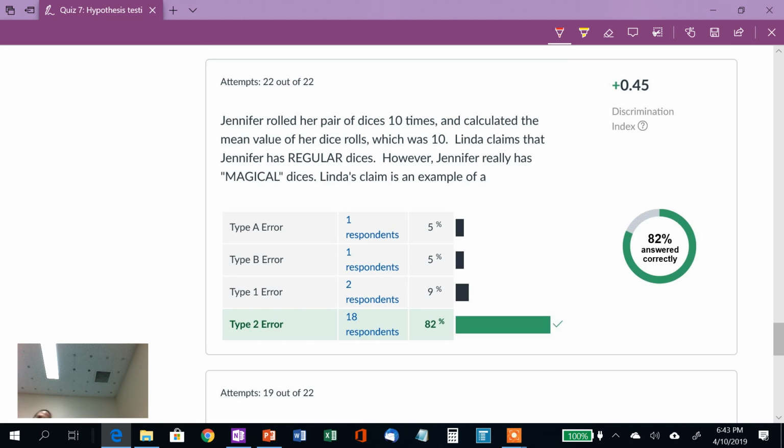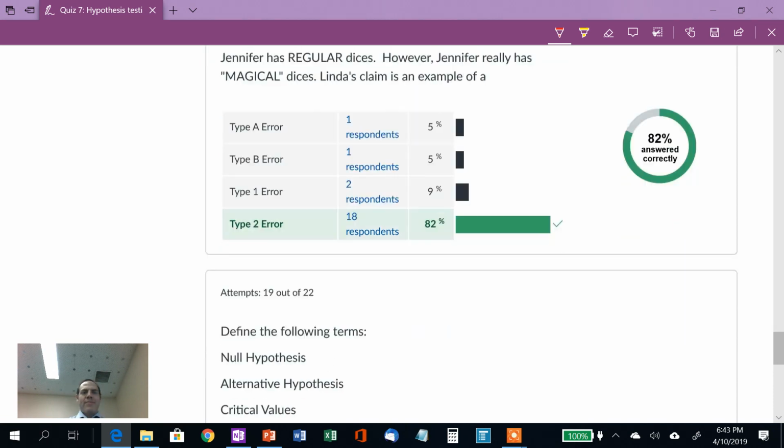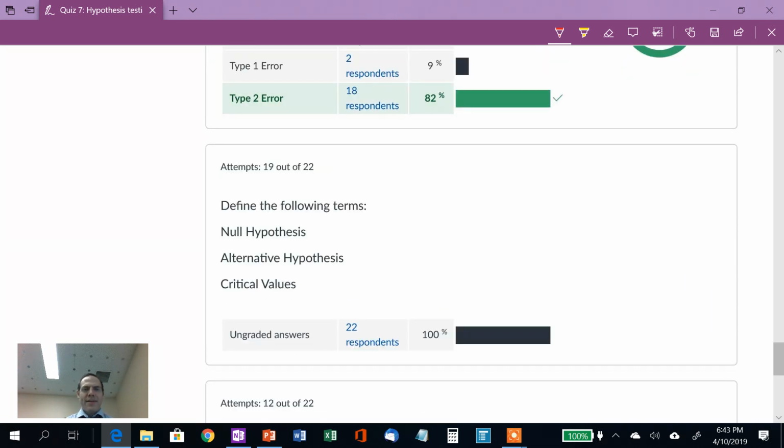All right. And then I tell you to define null hypothesis, alternative hypothesis, and critical values. So if you've done all these, you should have some sense of that. Null hypothesis is basically making the claim there's no difference. This population mean equals this sample value, or this population mean value is the same.